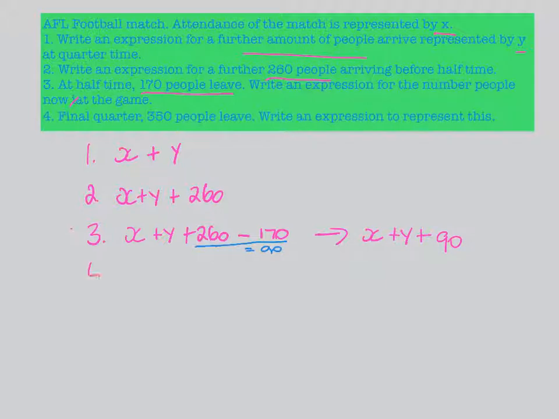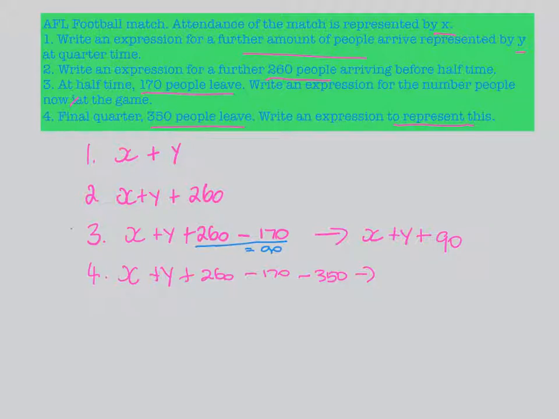All right, and question number 4. At the final quarter, 350 people leave. Write an expression to represent this. So, in this case it would be X plus Y. I'll do it both ways. So it'll be plus 260 take 170, or, sorry, one second. Forgot part of it. Okay, take 350.